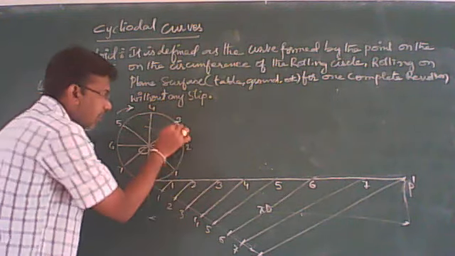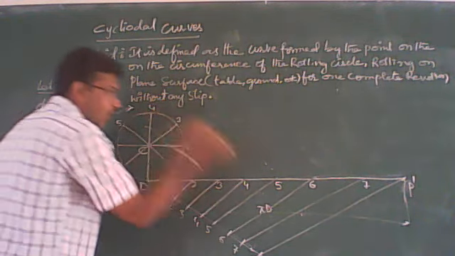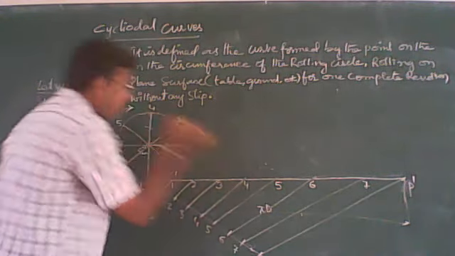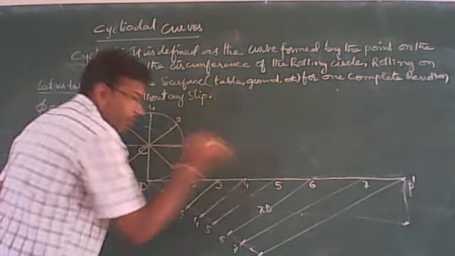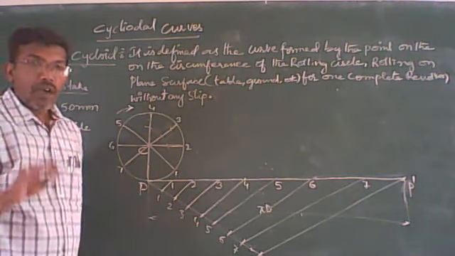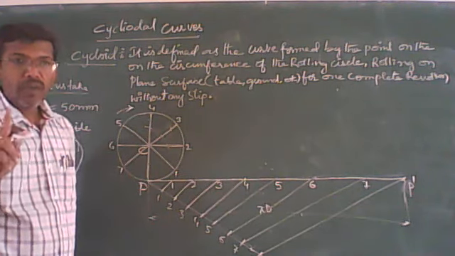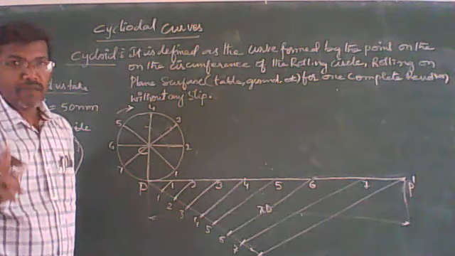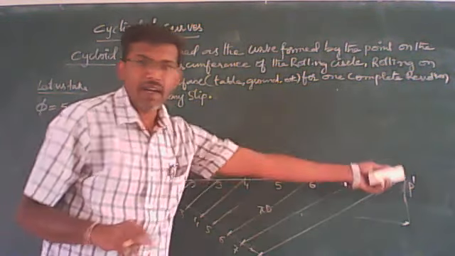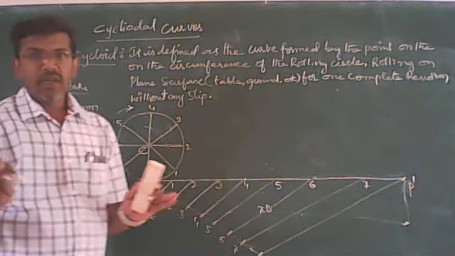Once again 3 will touch 3, 4 will touch the 4. So when this fourth point touches the ground, the circle has rotated for one half, that is half revolution. And fifth, sixth, seventh and eighth, it is one complete revolution.